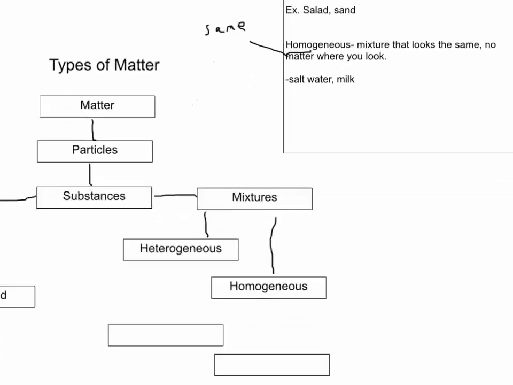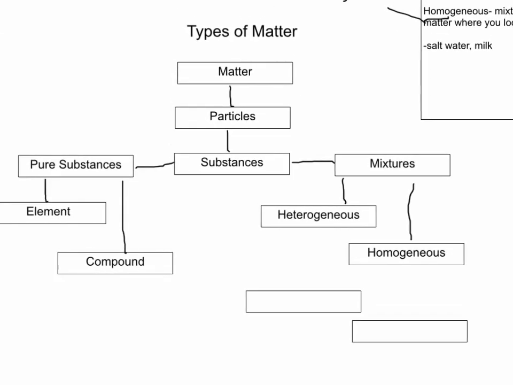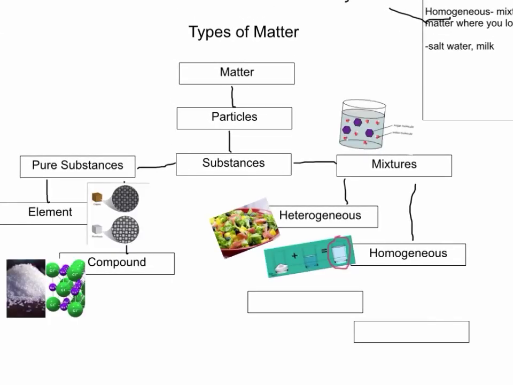Now if you notice, I do have two more categories listed under homogeneous. Now what are these categories? So the first one of these categories is a solution. In a solution, all the particles are in the same phase.